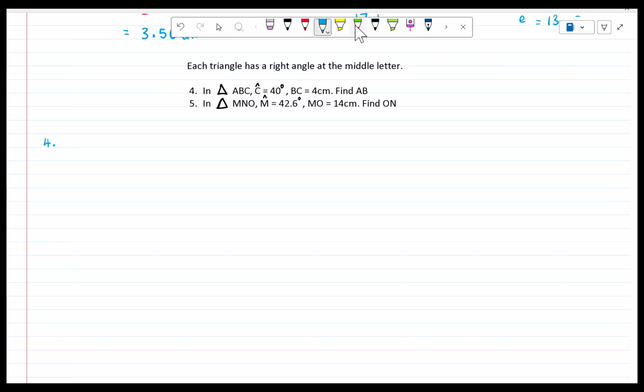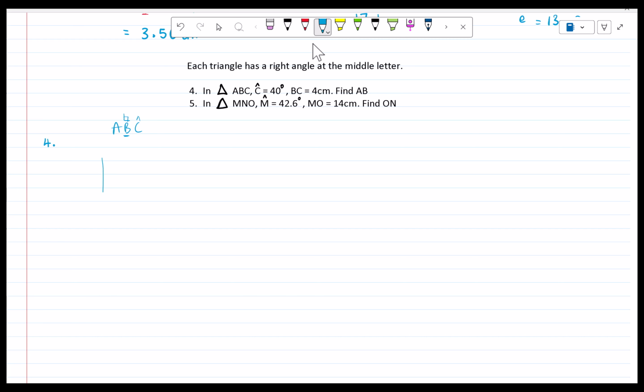So what we're going to do is we're going to quickly sketch the right angled triangle. Remember, we're given that each triangle has a right angle at the middle letter. So in the triangle ABC, that means at B, that is where we are having the right angle, and we're told that the angle C, as we're given, is 40.